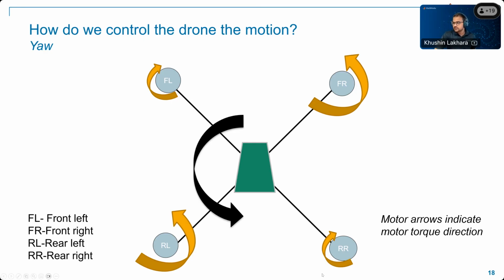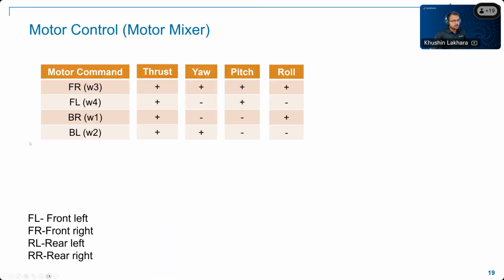But now the question is, how do we take care of these combinations on an algorithm level? If we make the four cases of thrust, yaw, pitch, and roll control, we see that for all four rotors there should be either addition or subtraction.